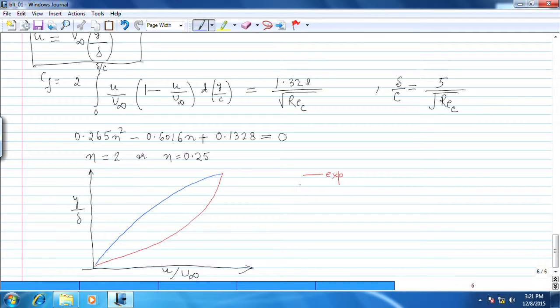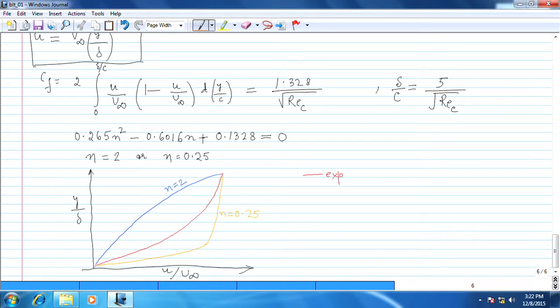This one is for n is equal to 2, this value, and say the other one is something like that, and that is n is equal to 0.25.